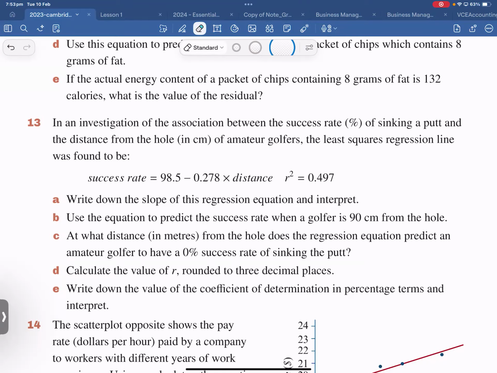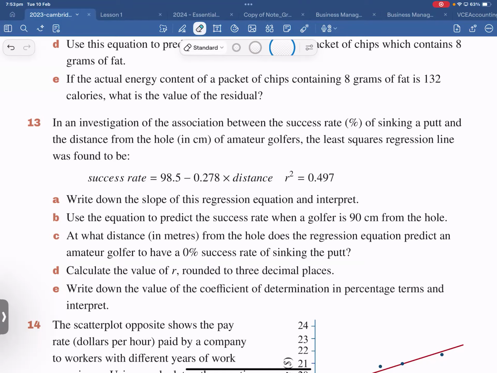Yeah, look at this. Now this is what we were talking about. If I was to explain the slope, what's the slope here? Negative 3,940.